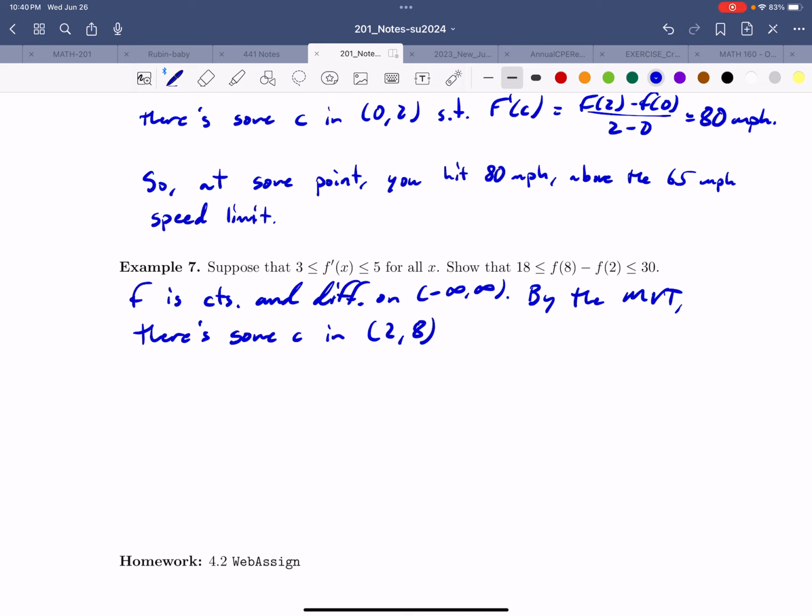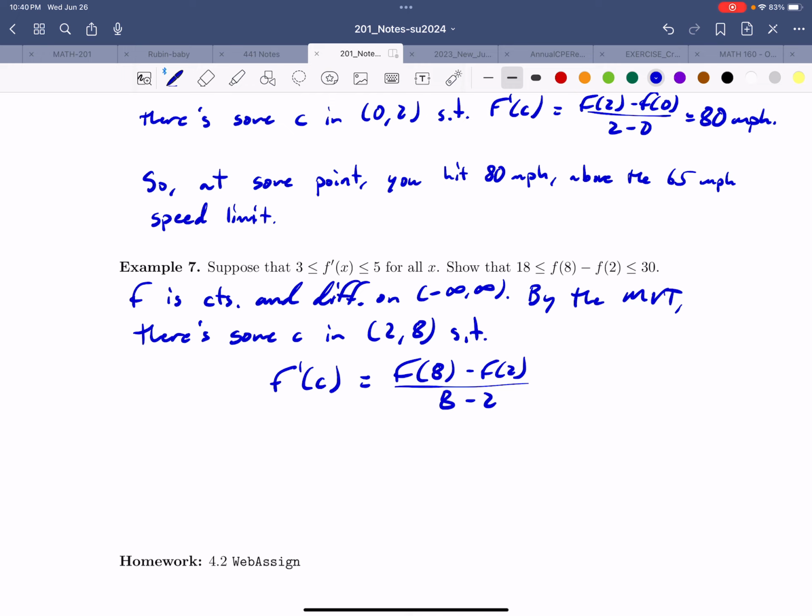Because that's the interval we're interested in, such that f prime of c equals f of 8 minus f of 2 all over 8 minus 2, right? That's the mean value theorem.